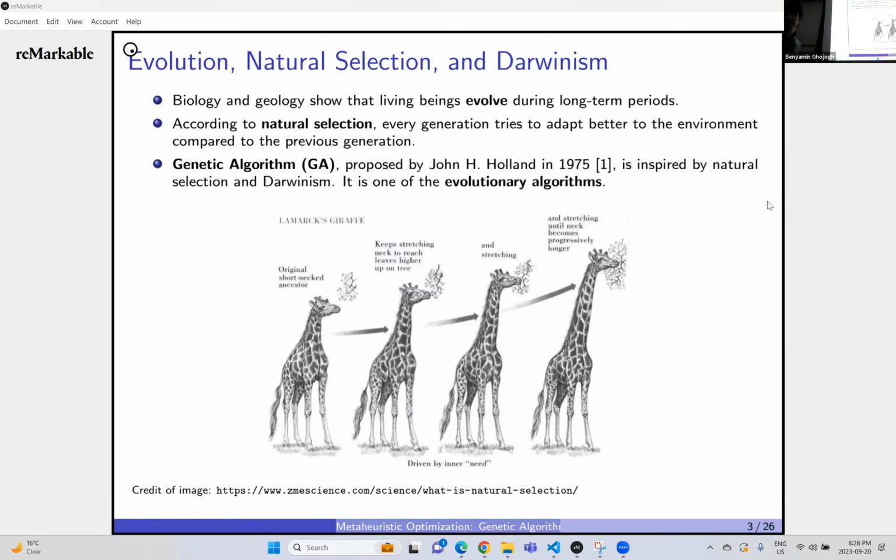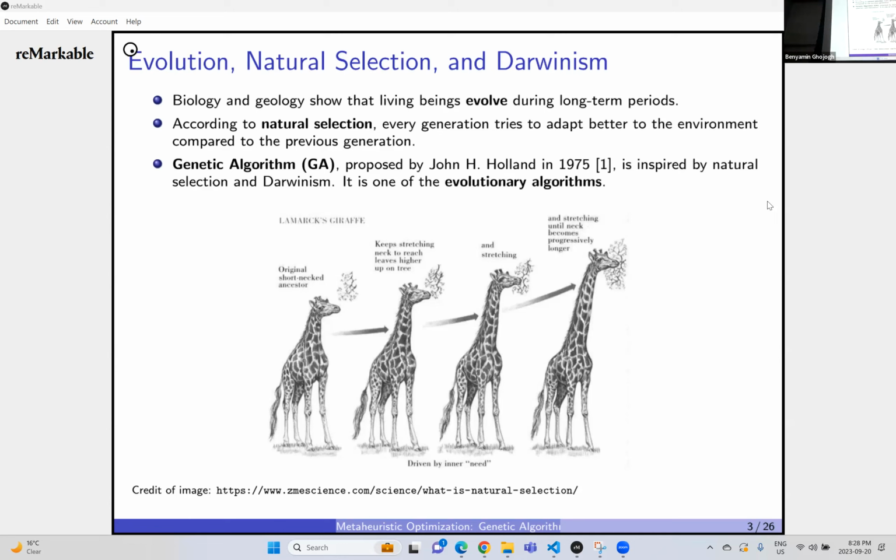Biology and geology have both shown that living beings evolve during long-term periods, over millions of years, or even sometimes billions of years, okay? They evolve, they change, they try to adapt to the environment.